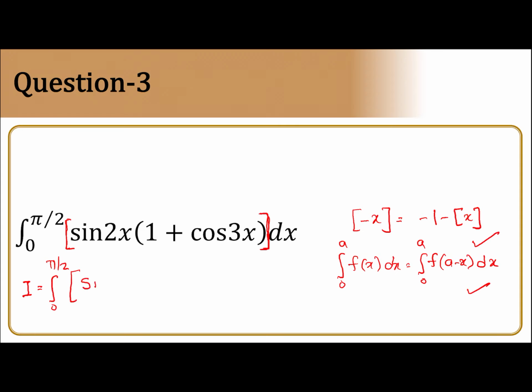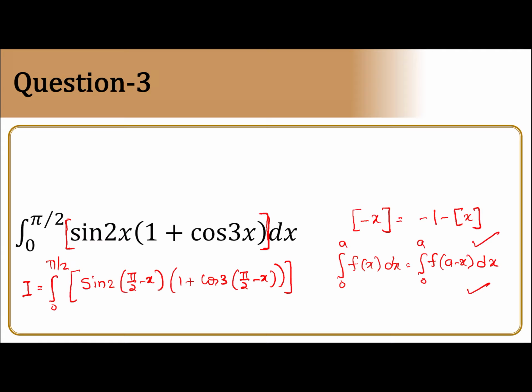So sine 2 into (pi by 2 minus x) into 1 plus cos 3 into (pi by 2 minus x). We'll do it like this.